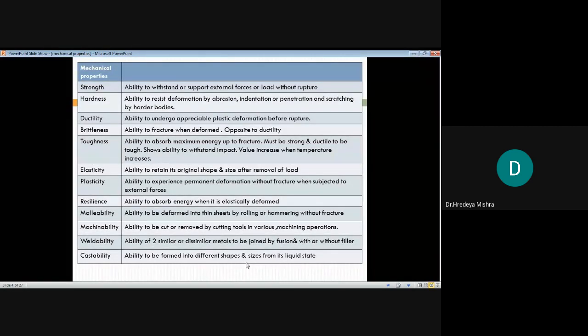So that is the definition of strength. In other words, we can say strength is the ability of a material to resist its failure under the action of load.